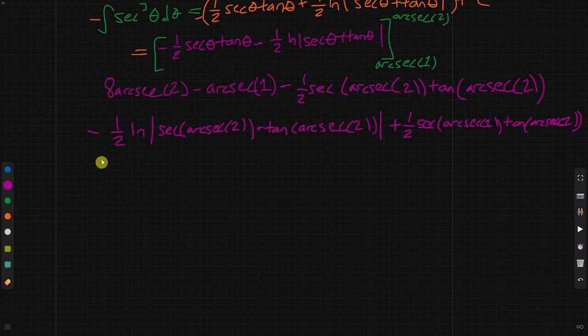Minus turns into a plus because minus a negative becomes a plus. So plus 1/2 natural log of the absolute value of secant of arcsecant of 2 plus tangent of arcsecant of 2, with the absolute value. And that's actually going to be our final answer.